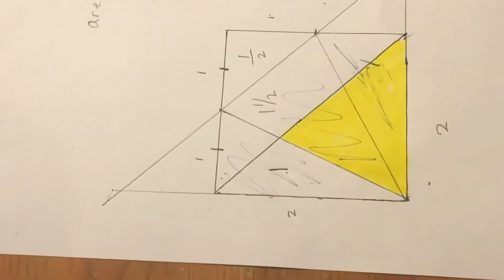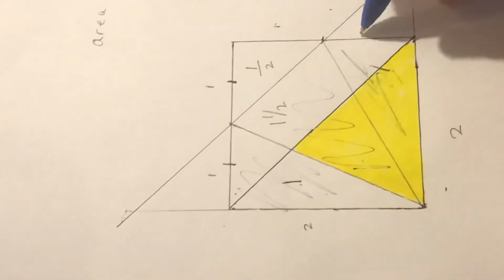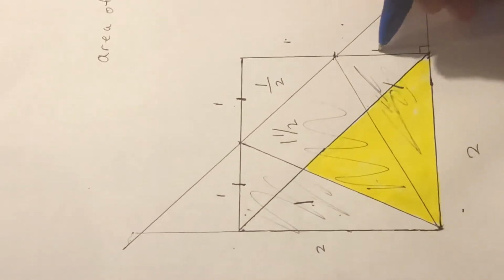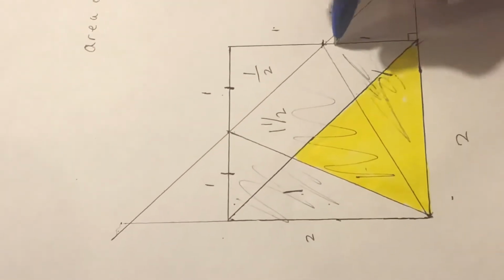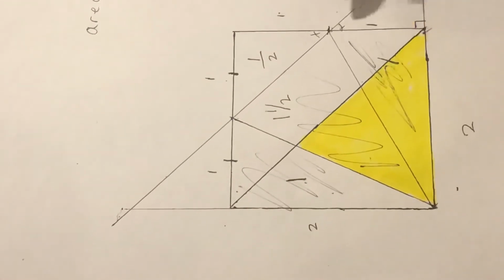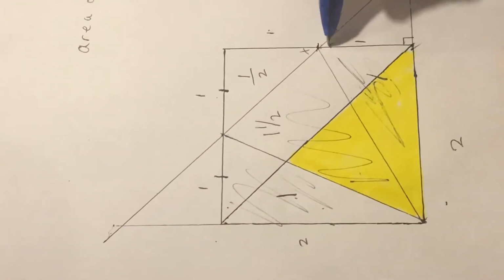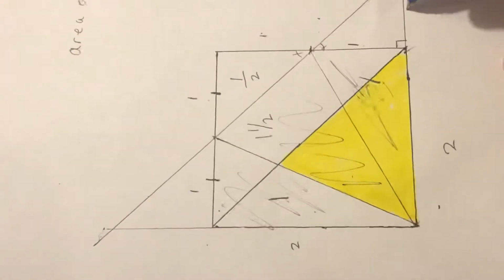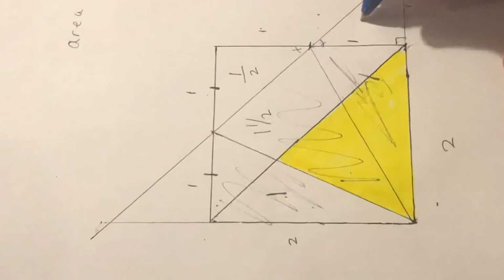Now I have a new triangle. This is a right angle, and this is 1. We know that this angle and this angle are the same. So this also has to be a length of 1, and the area of this triangle has to be 1/2.